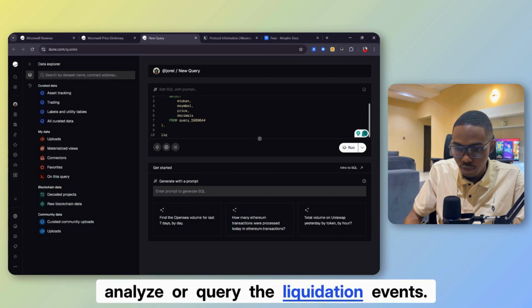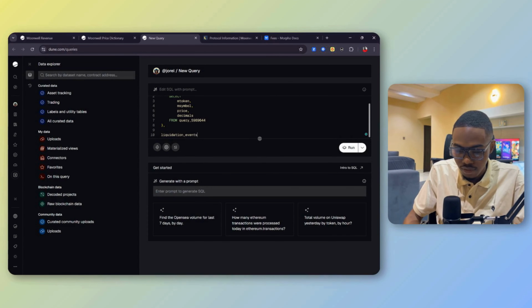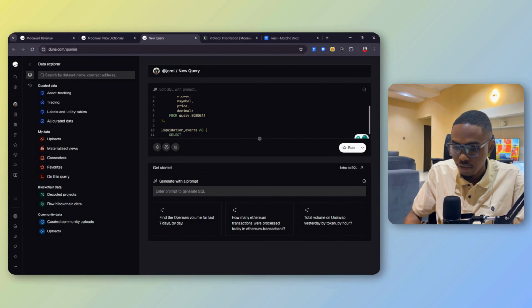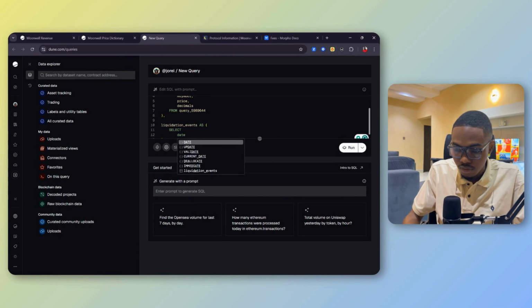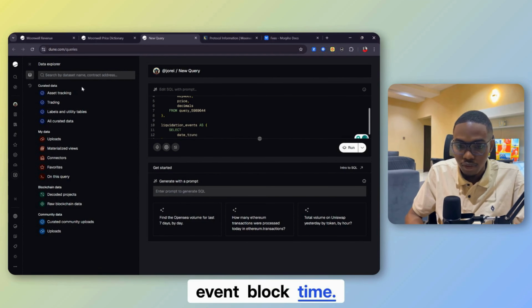Now we'll go on to query the liquidation events. We'll be calculating based on a monthly time series, and we basically truncate the event block time.